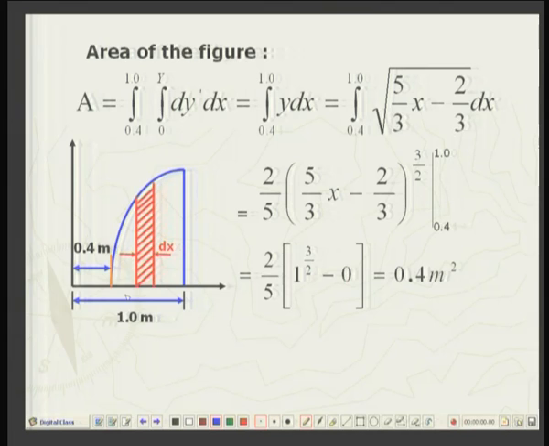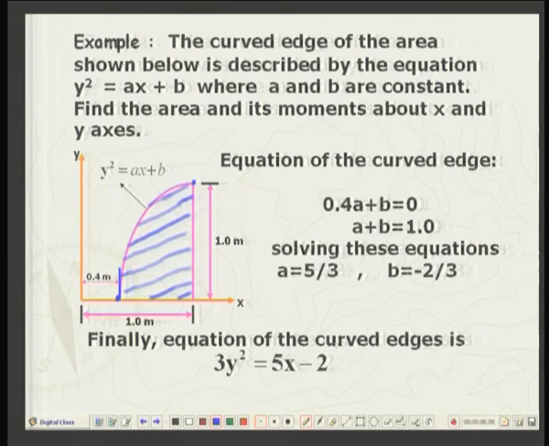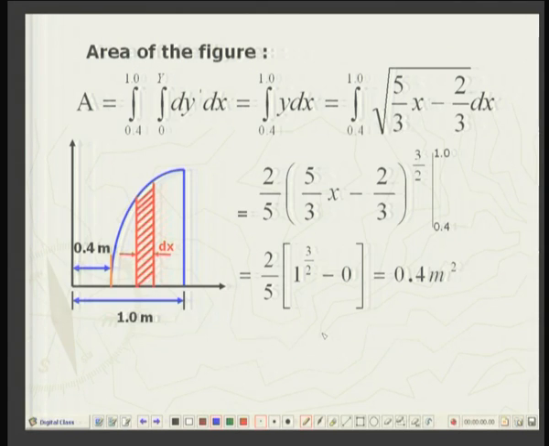So, if we integrate now, this y is substituted from the equation of the edge, that is 3y square is equal to 5x minus 2. So, from here y can be easily obtained. You divide throughout by 3 and take the square root. So, which we have done, 5 by 3x minus 2 by 3 whole square root times dx.